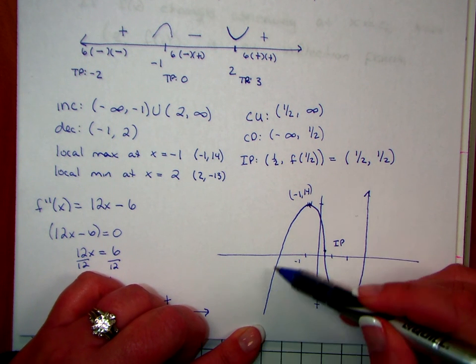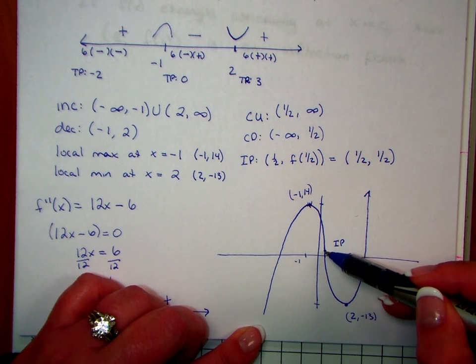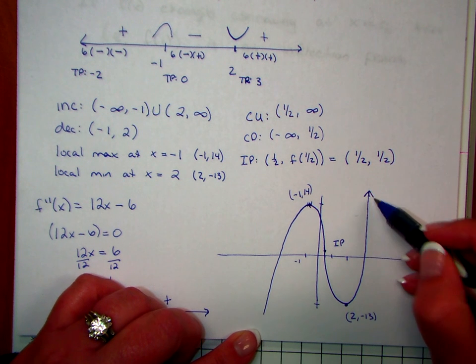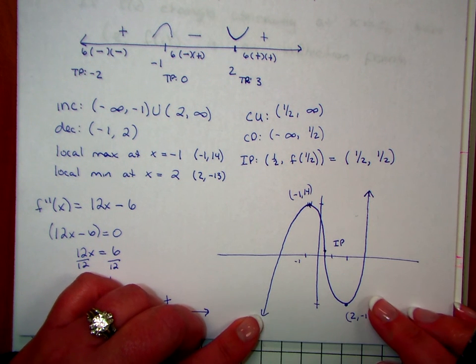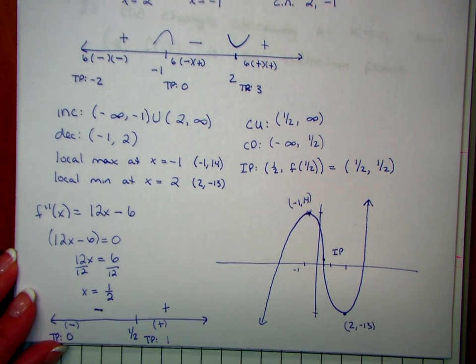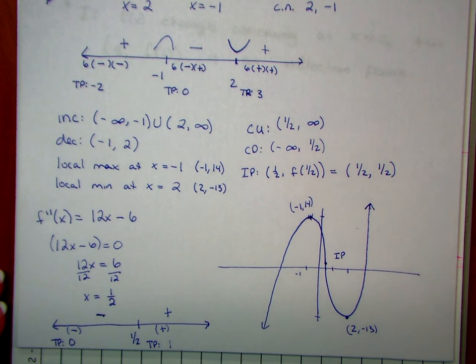So it's concave down here, and then it's concave up here. And here's my sketch of the curve. I have more examples coming for you, possibly tomorrow, but that's it for me tonight. This should get you a nice head start on that homework.